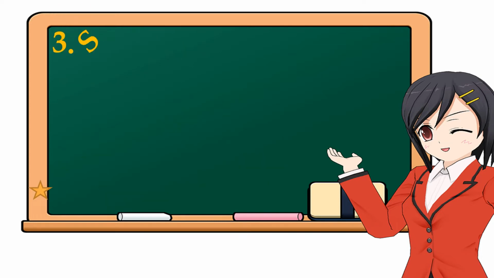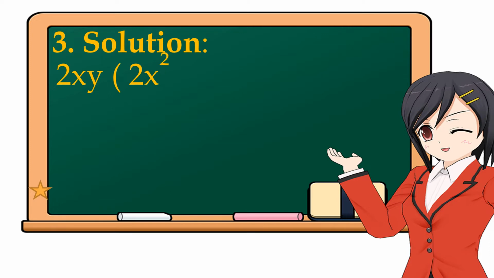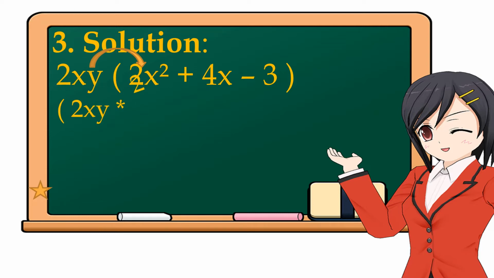Number 3. So when we multiply 2xy to quantity 2x squared plus 4x minus 3, we will use again the distributive property. So 2xy multiplied by 2x squared, so we'll have 4x cubed y.